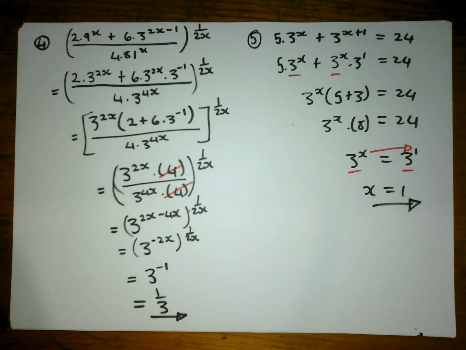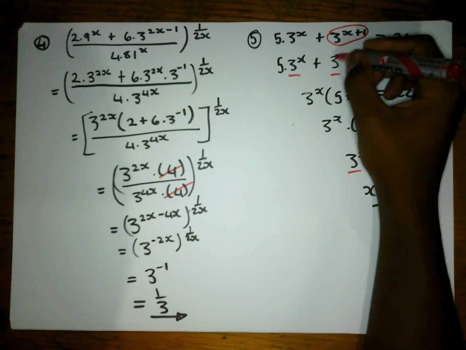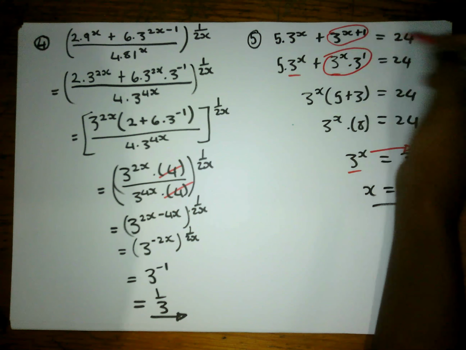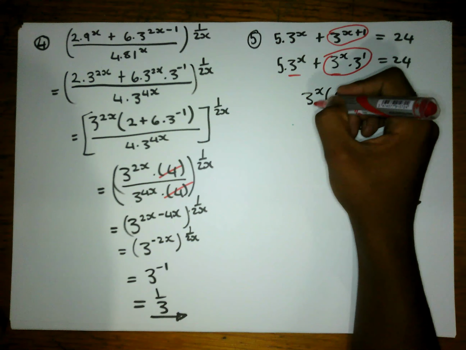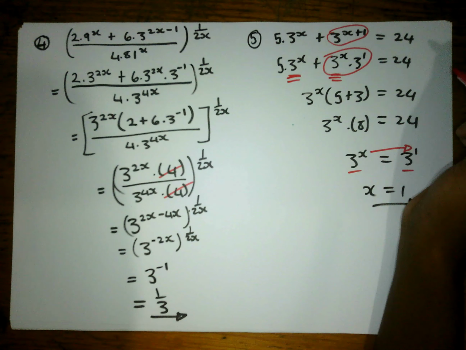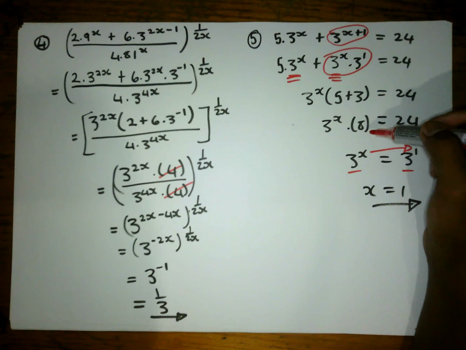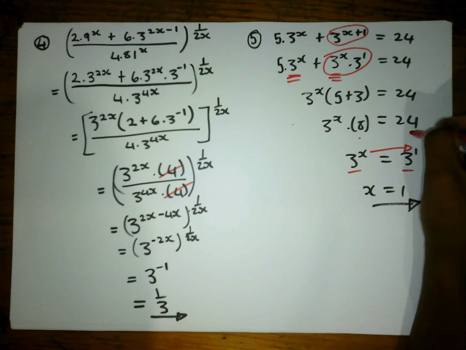First, we're going to simplify. We're going to simplify this into this. Then we're going to factorize, then divide. Divide this 8 with that number.